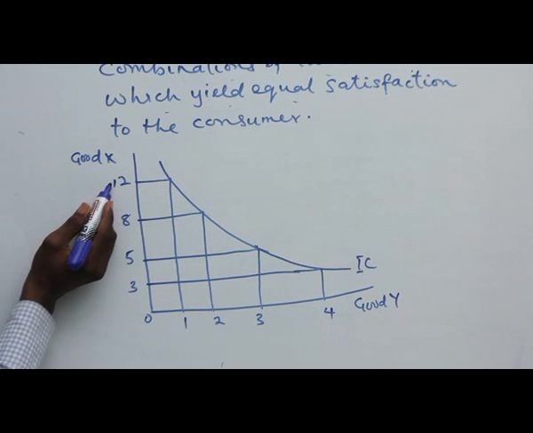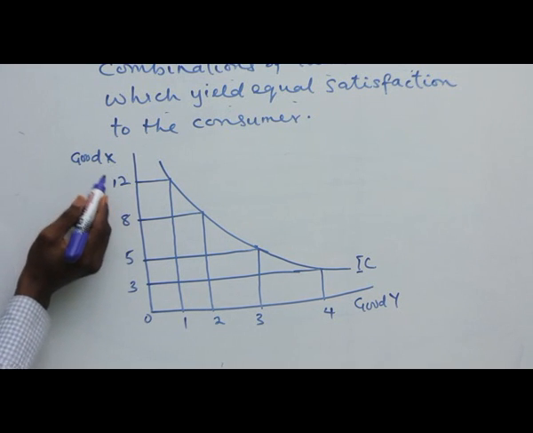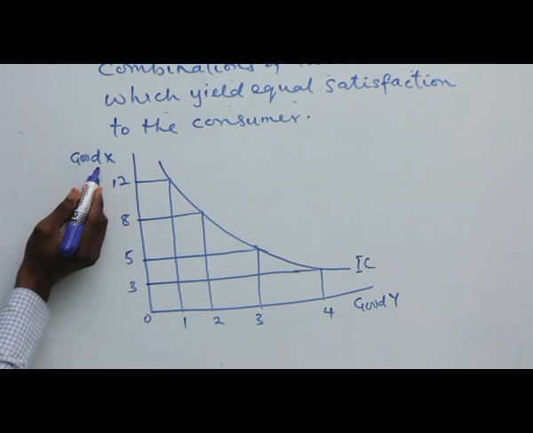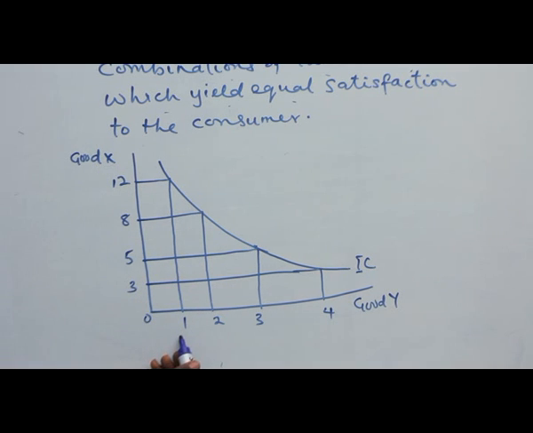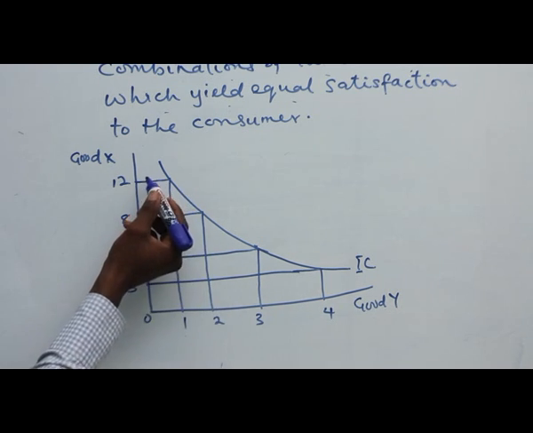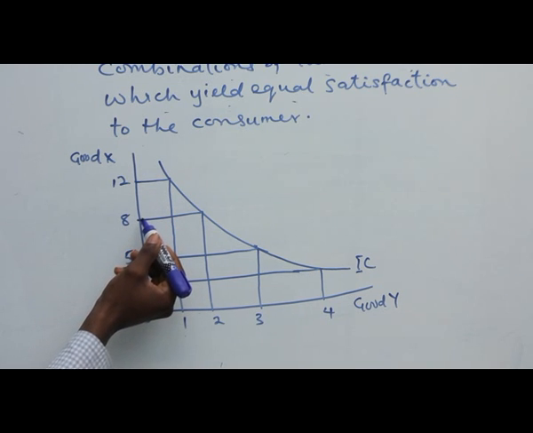Now, if the consumer decides to go for 12 units of commodity X, it implies a desire to have 1 unit of commodity Y. Let's assume again that the consumer wants to increase the consumption of good Y to 2. It implies that he has to decrease the quantity of good X to 8.